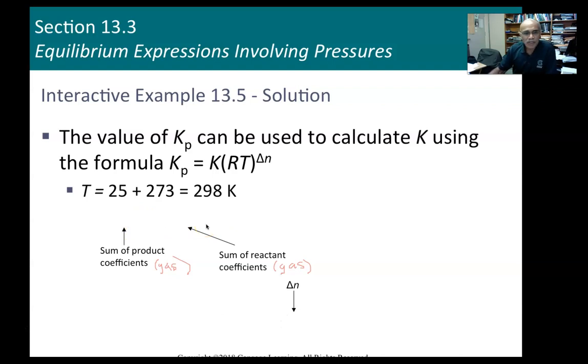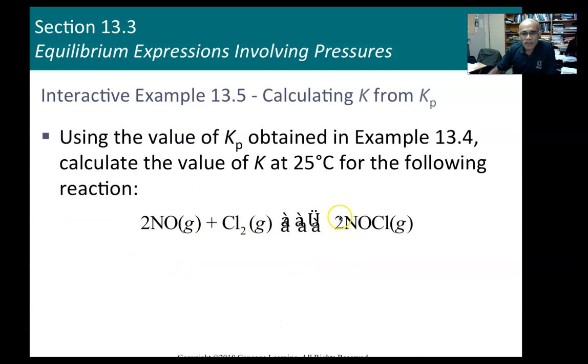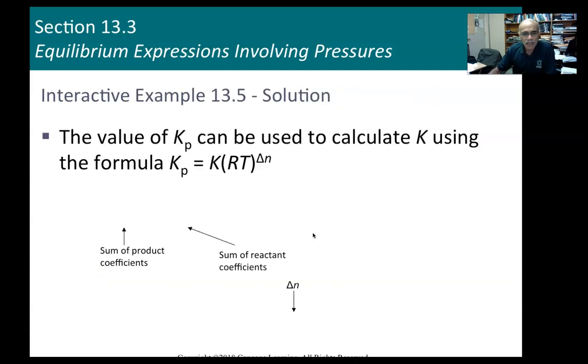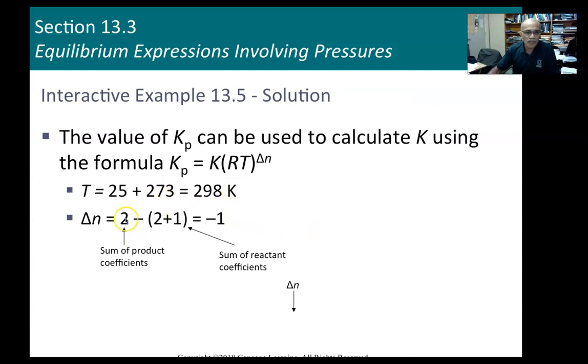Now let me go back to the reactants here. So the product is this 2, minus, this is gas and gas, that is gas. So 2 minus 2 plus 1. That's what we got here. That's where these numbers are from. 2, that's a product, minus 2 plus 1, these are the coefficients of the two gases in the reactants. So delta n basically works with the coefficients.